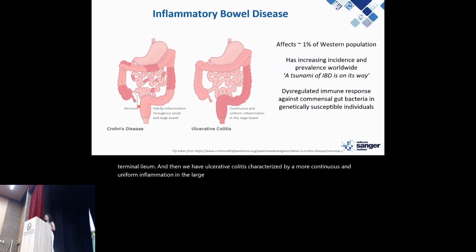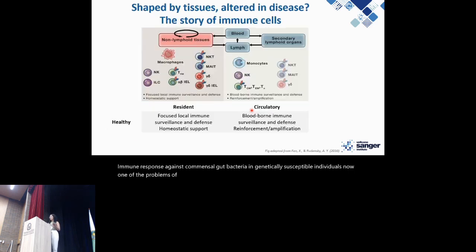Now, the pathogenesis of IBD is not completely understood, but it's believed to be driven by a dysregulated immune response against commensal gut bacteria in genetically susceptible individuals. One of the problems of trying to understand why this aberrant immune response happens is the fact that immune cells are highly dynamic, and in very broad terms, they can be categorized into two.